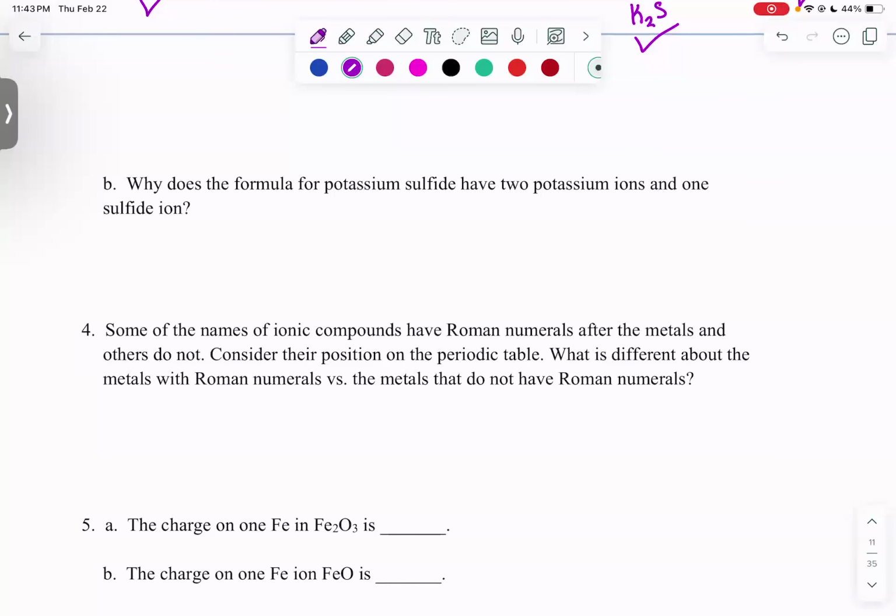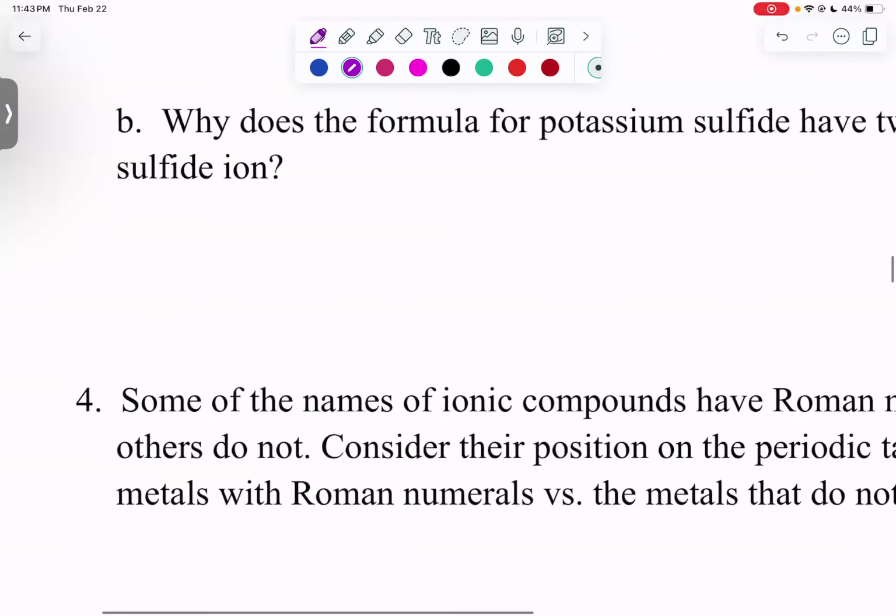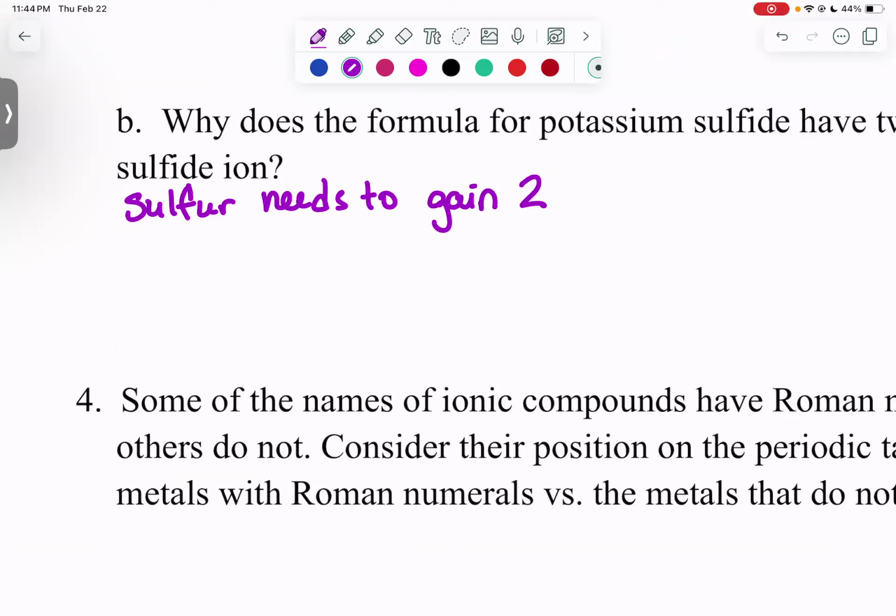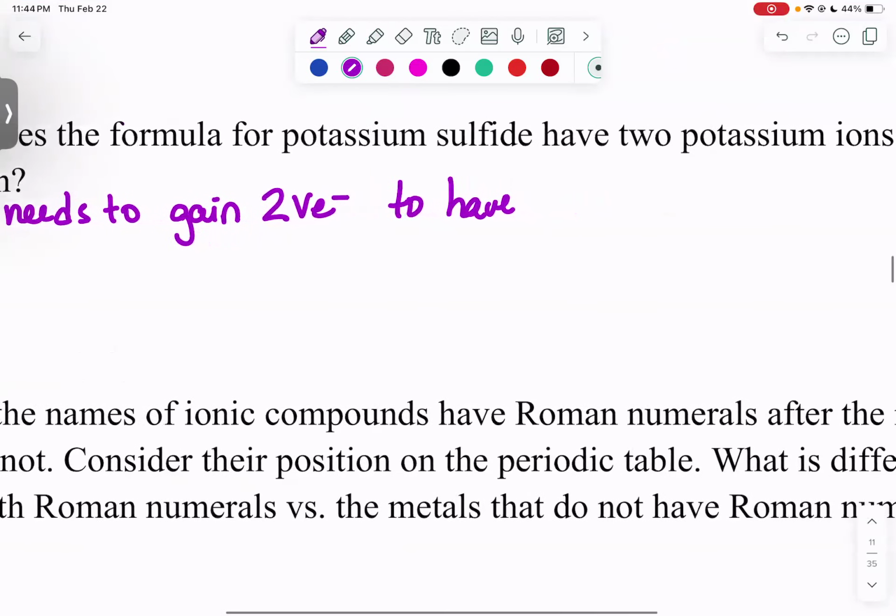Okay, so why does the formula for potassium sulfide have 2 potassium ions and 1 sulfide ion? Well, let's talk about this. So what does sulfur need? Sulfur needs to gain 2 valence electrons to have a complete octet.